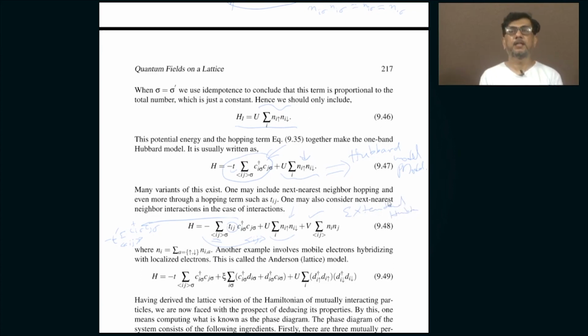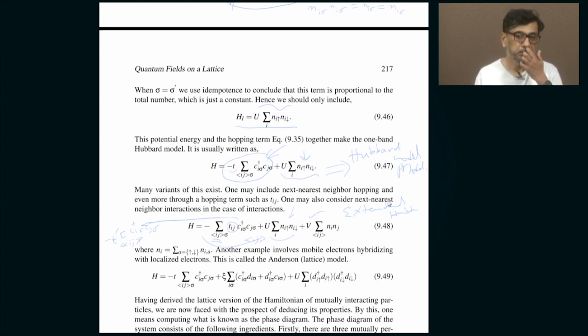So, the point is that if your lattice is in one dimension, you can actually solve for many properties of this Hubbard model exactly using a technique called Bethe-Ansatz, which I will not be discussing in this course. This course is more about exposing you to the interesting models of solid state physics. It is not about teaching you how to solve those models, which are somewhat technical and require a lot of effort.